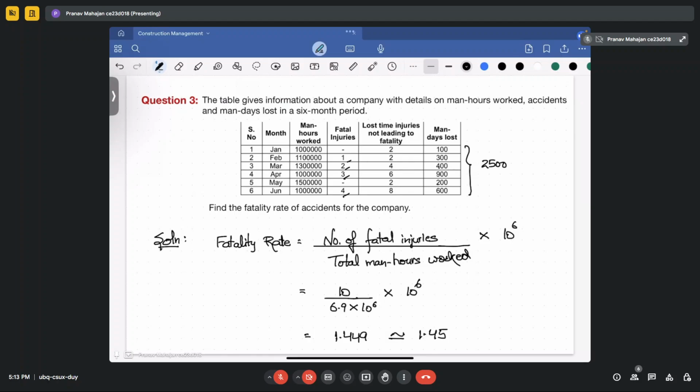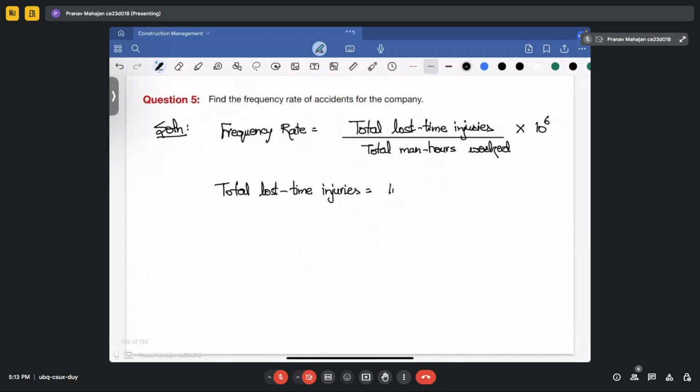So that will accumulate these also. Okay, so here what is the total? 6 plus 8 is 14, plus 2 is 16, plus 4 is 20, plus 4 is 24. So 24 plus 10. So that is your total lost time injuries.